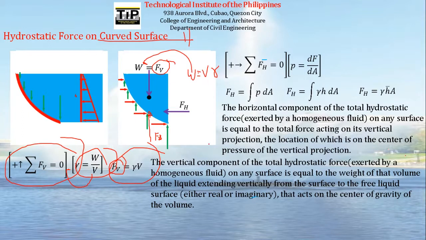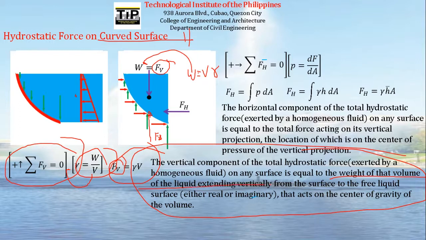So that's basically it. The vertical component of the total hydrostatic force exerted by a homogeneous fluid on any surface is equal to the weight of that volume of the liquid extending vertically from the surface to the free liquid surface. So if we have more water here, we should also get the weight of that water and add it to the weight of this quarter circle shaped water to determine F sub B. So it's the total weight.